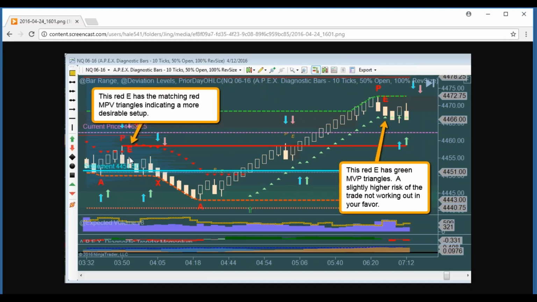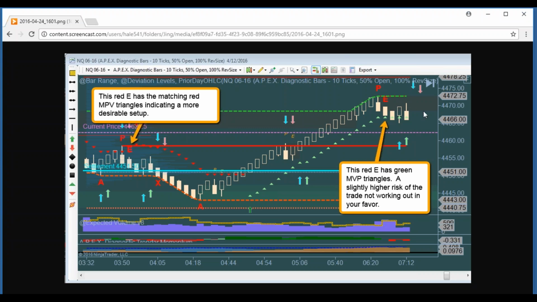This is an E that has what? What color triangles? Red triangles. See that? Now what happens up here when this flips to red and red? And you take a red E that's got green triangles. Doesn't look like you shoot on down there, does it?